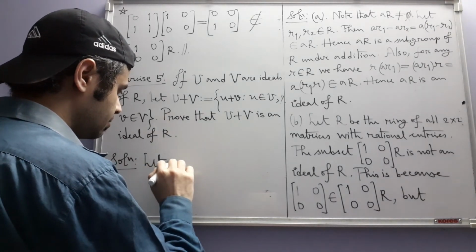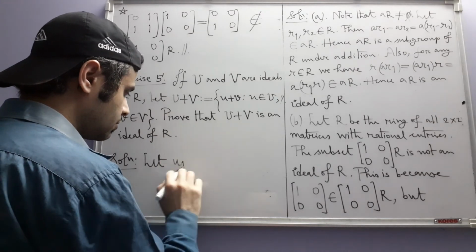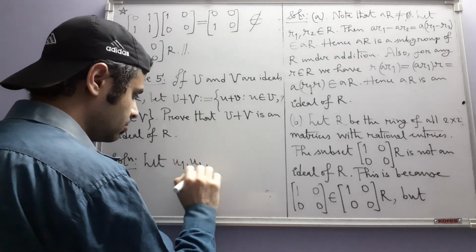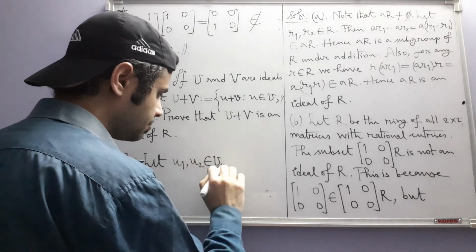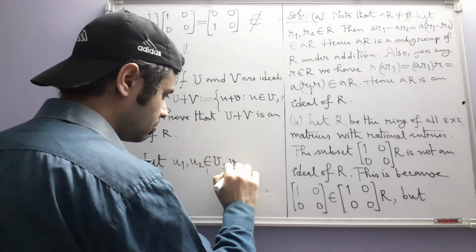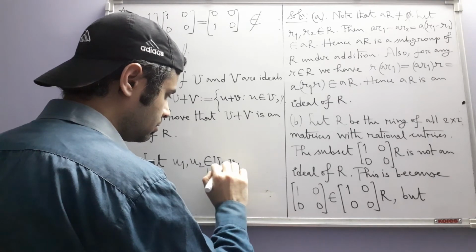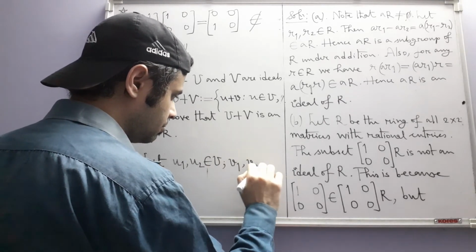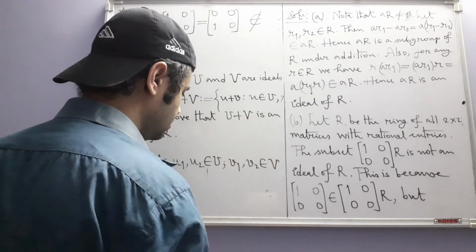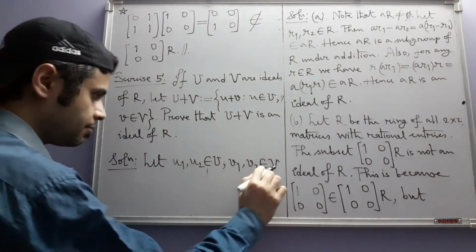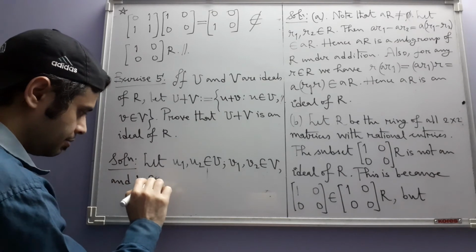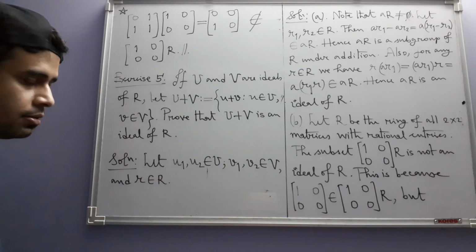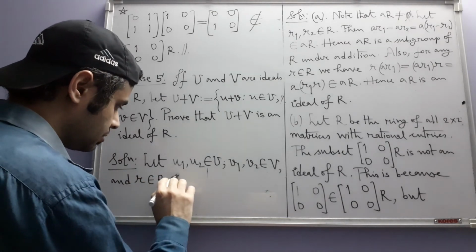So let U1, U2 be two elements in U, V1, V2 be two elements in V, and R be any element in the ring. Okay.